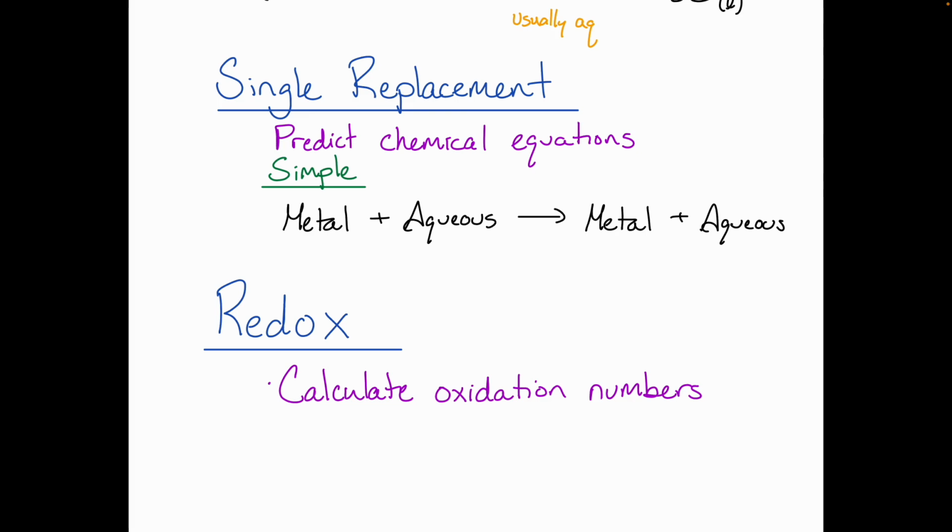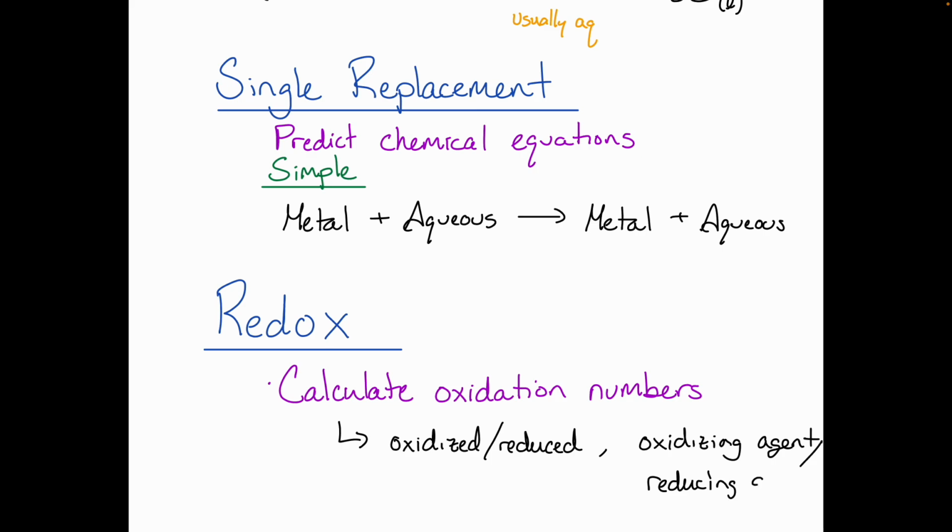All right, and we use that to assign an element as being oxidized and reduced. And then we also introduced those terms oxidizing agent and reducing agent. All right, so that was our first skill that we learned how to do last class.